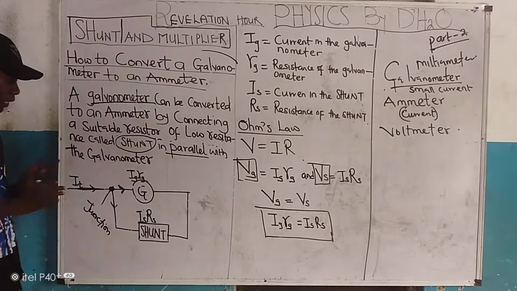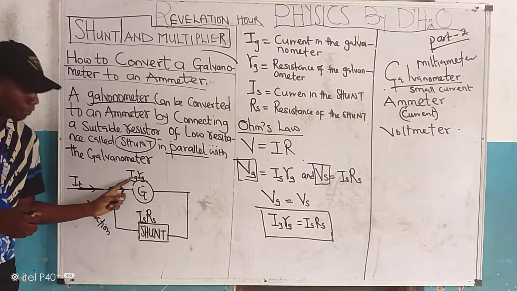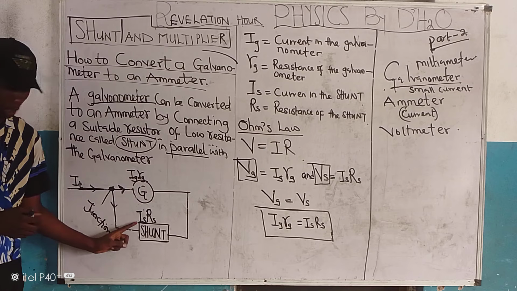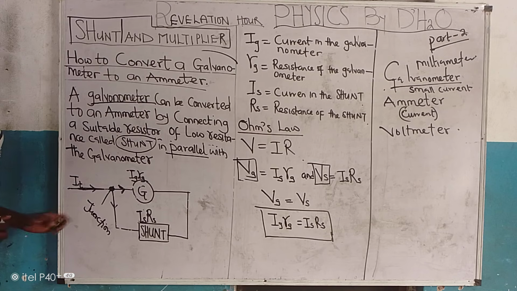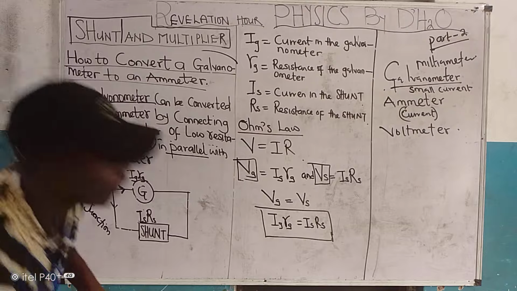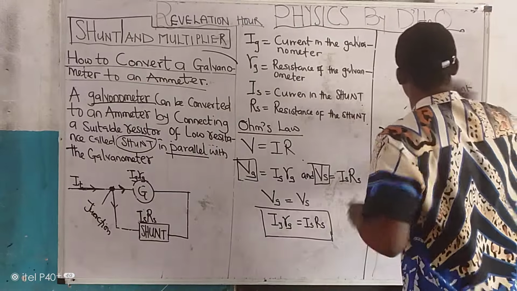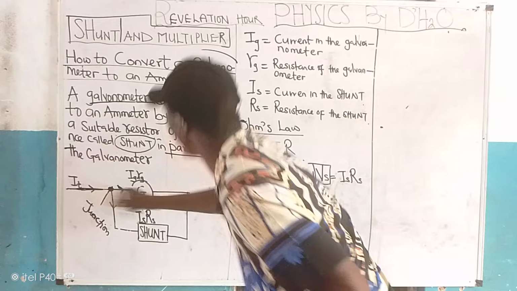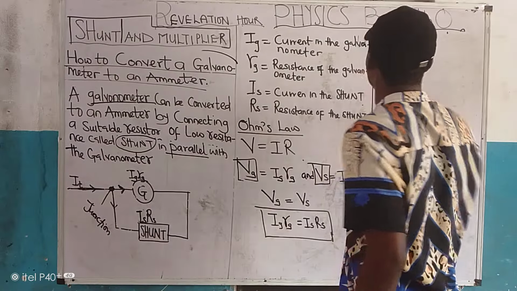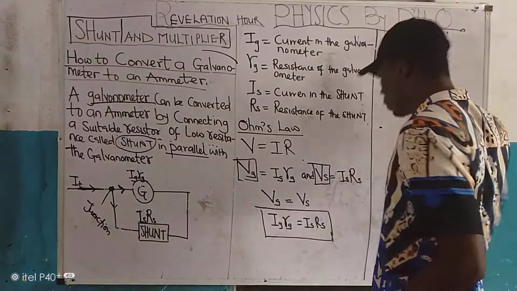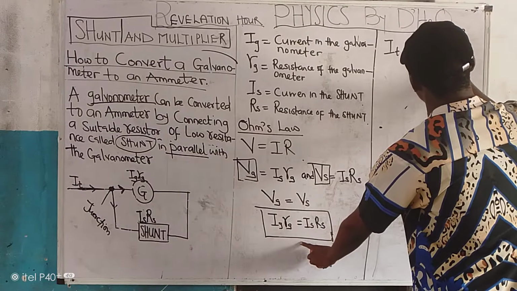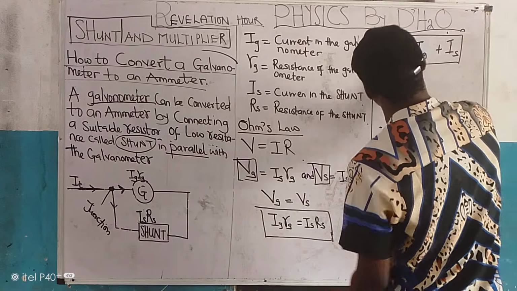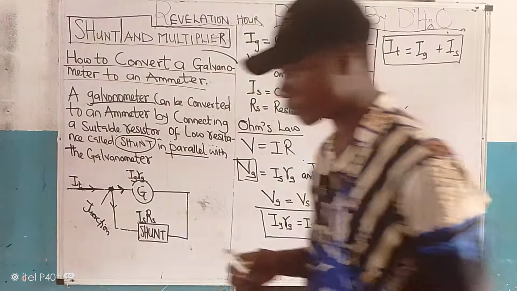It therefore means that when we add the current entering the galvanometer and the current entering the shunt, we get the total current. That is what we call Kirchhoff's first law of current. So according to Kirchhoff's first law, the total current, I total, equals the current in the galvanometer plus the current in the shunt. Take note of this important formula too.